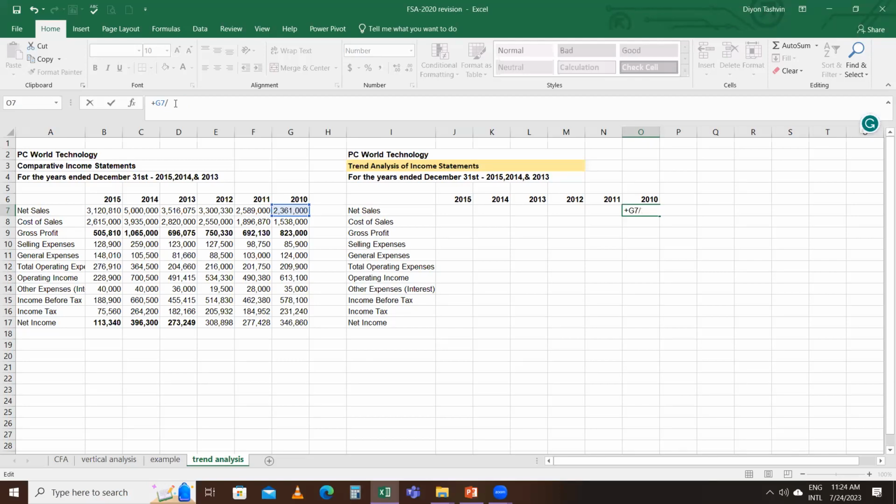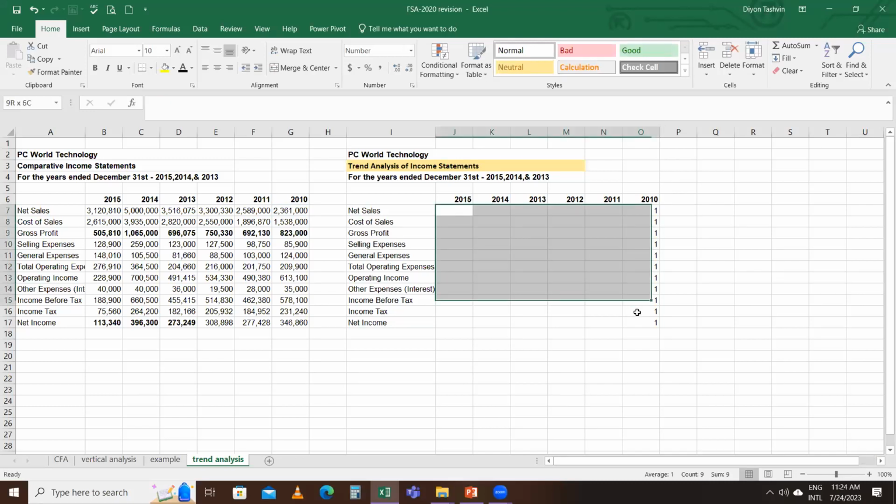But since we are going to differentiate the periods, I'm going to use the P value itself and drag it down. When I divided the 2010 figure with the 2010 figure itself, you can see the result as 1.